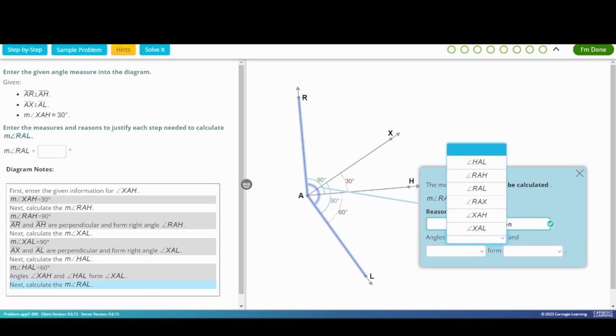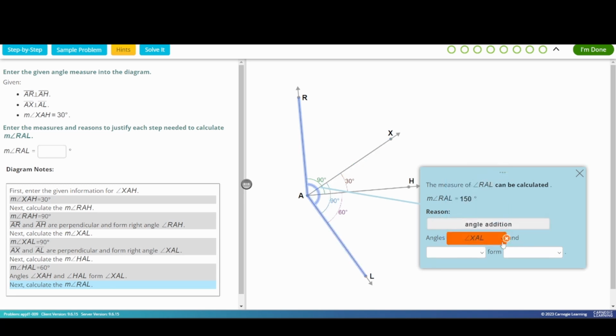And what am I adding up? I'm adding up this 90, XAL. Ooh, didn't like that one. Let's see. Can you add something else up? Let's get rid of that for a second. What else could we add up to get there? Oh, I guess I need this one. That's right.